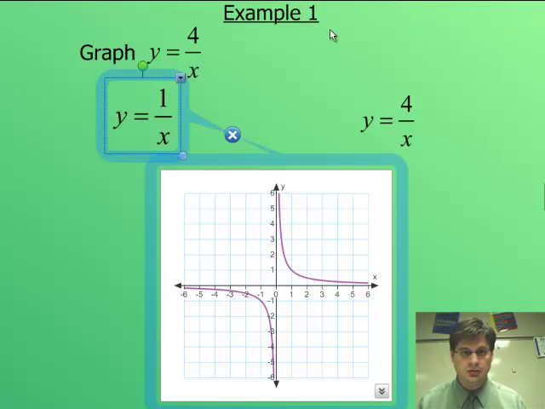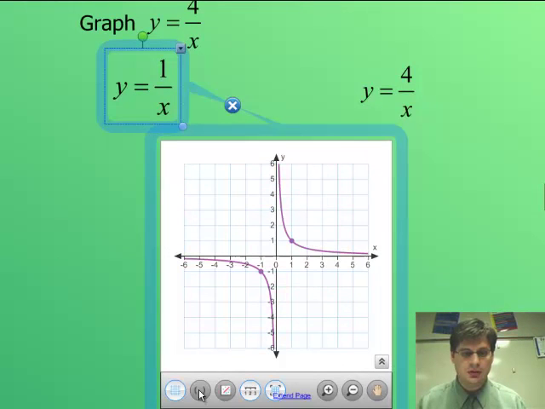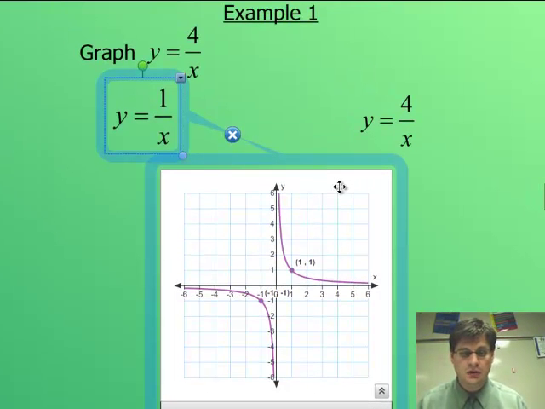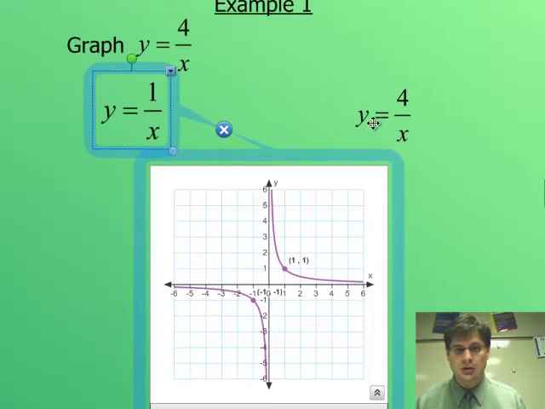And we can point out a few key points, like this would go through 1, 1 here, and it would also go through -1, -1 on this branch as well. Given that, we could compare this to other graphs if we change our a value.